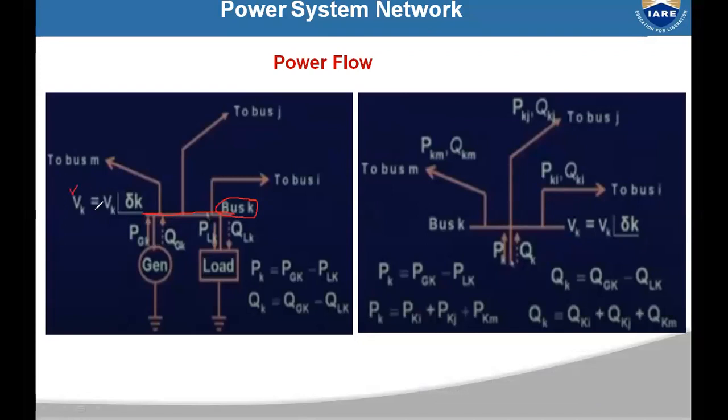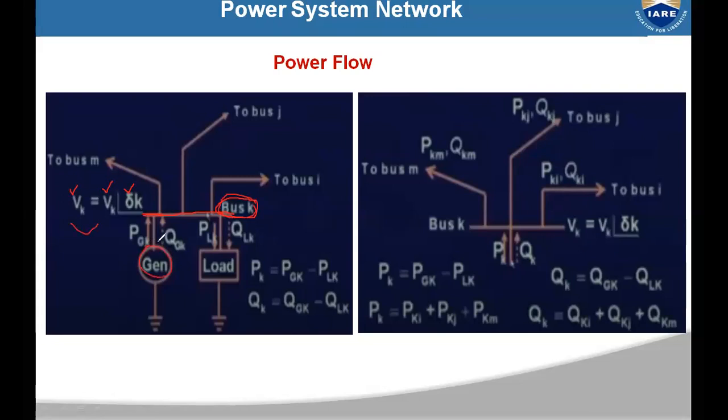This voltage is a complex voltage, so it will have a magnitude and phase angle: the magnitude is Vk and the angle is delta K. At this bus, the voltage is specified, and a generator is connected to the bus.